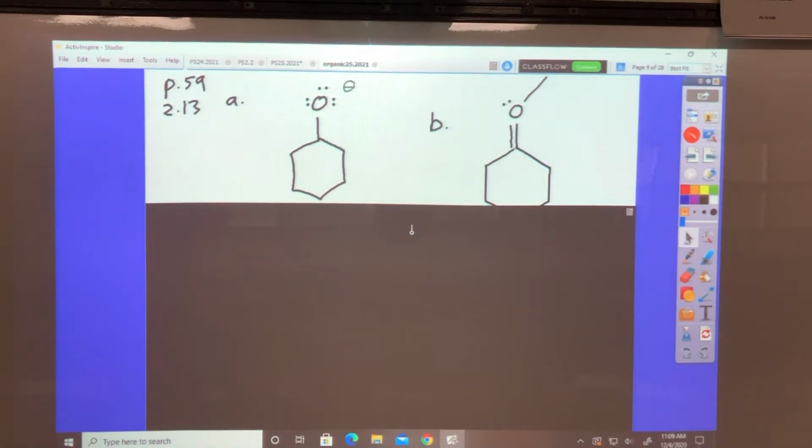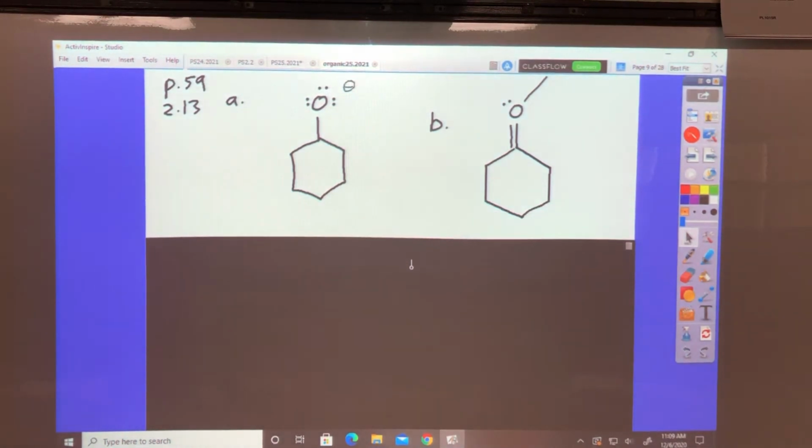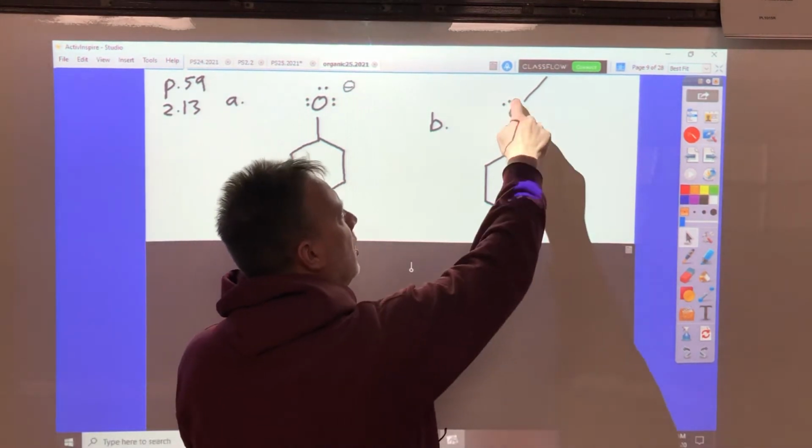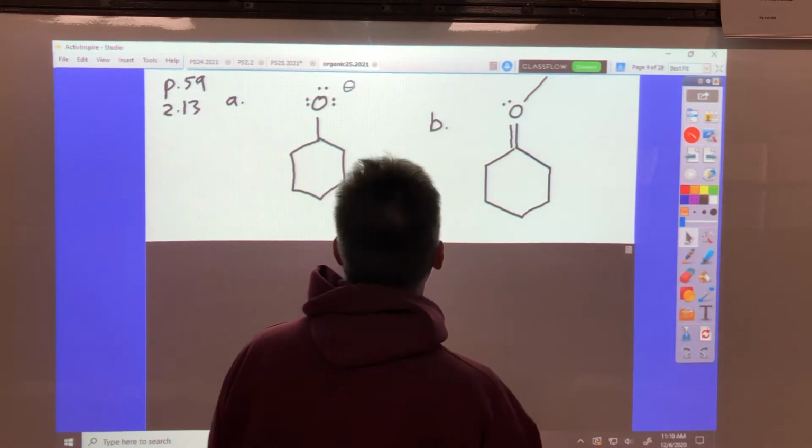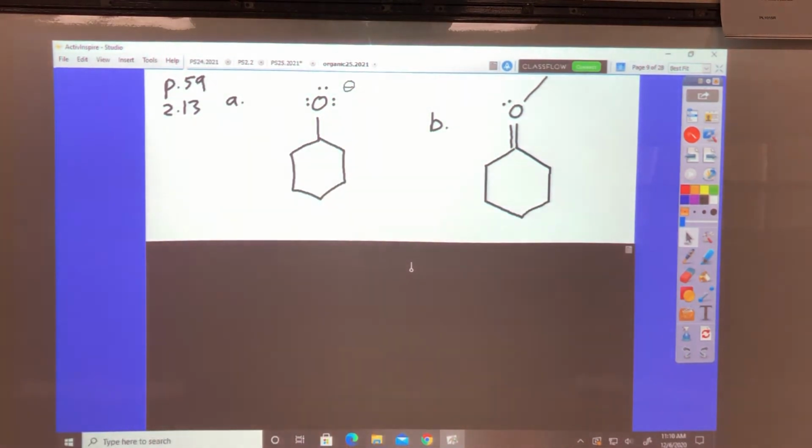B. We want to know about the oxygens. 1, 2, 3, 4, 5. Something's wrong here. What did I do wrong on B? Yeah, it's not enough.